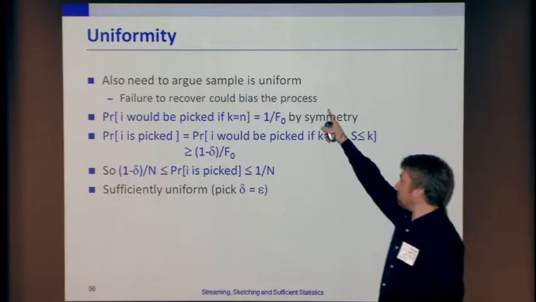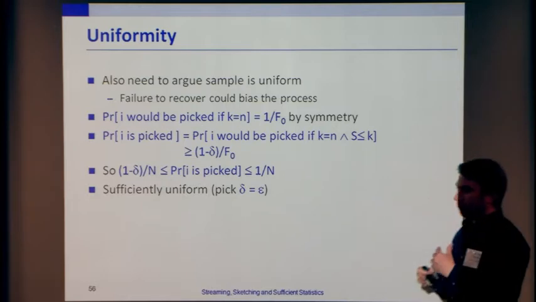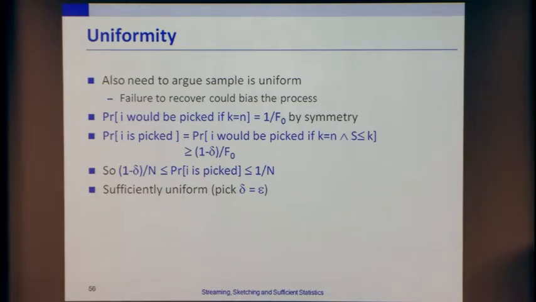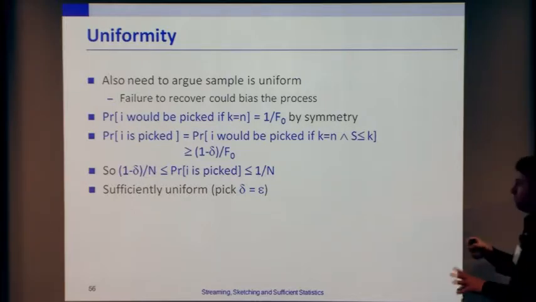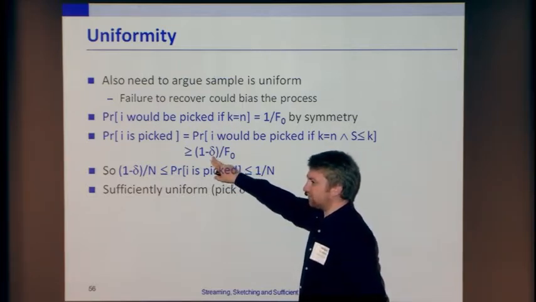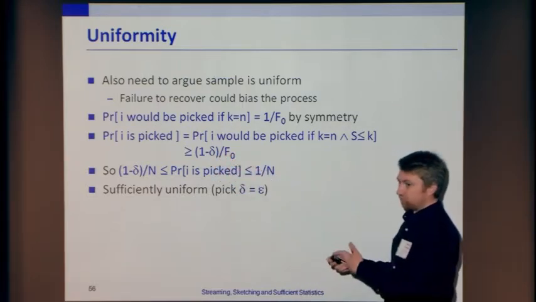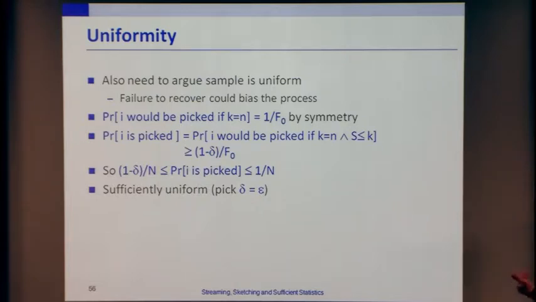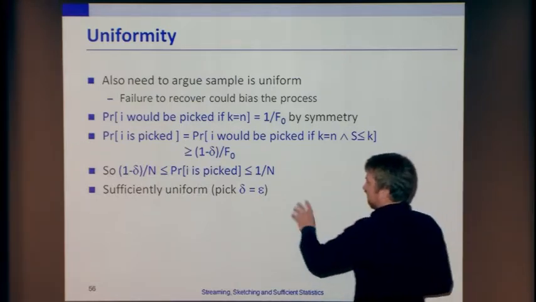Because we have a failure probability, we have some small probability that we're going to have too many items at a level where we should be able to recover. This is going to slightly bias us. But even in the worst case, essentially that only adds a failure probability delta to the recovery probability. So it just merges our parameters.